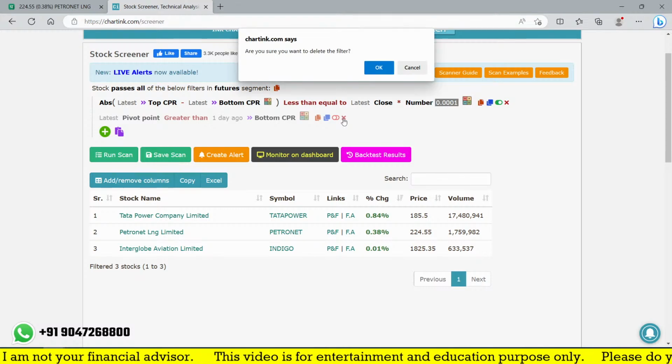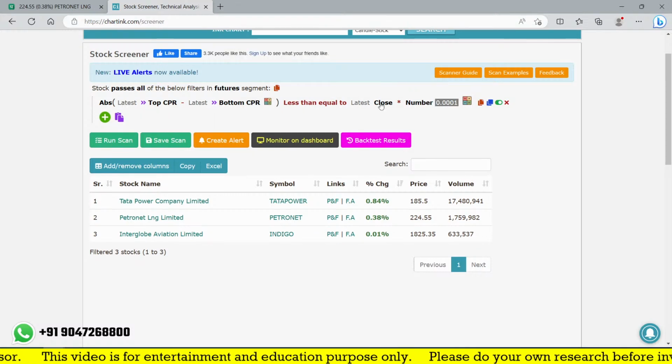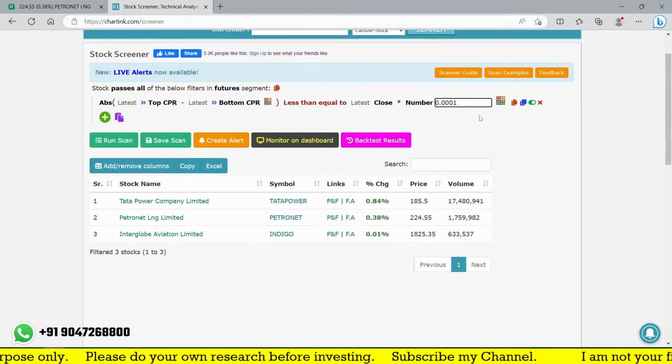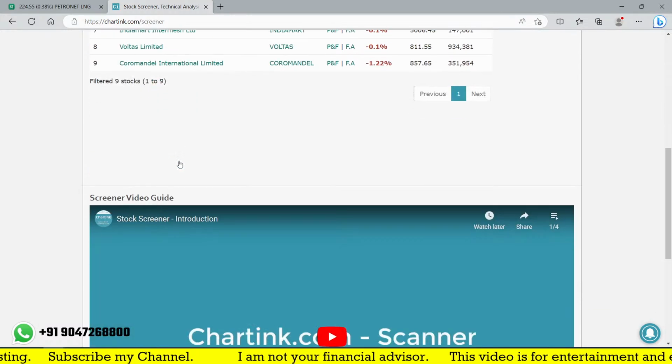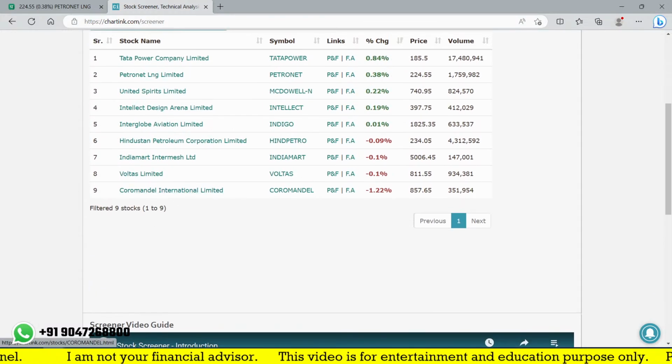Let us do CPR, it must be a close less than or equal to, this will filter out very narrow CPR. Why is it not showing you exactly? Let me find out.